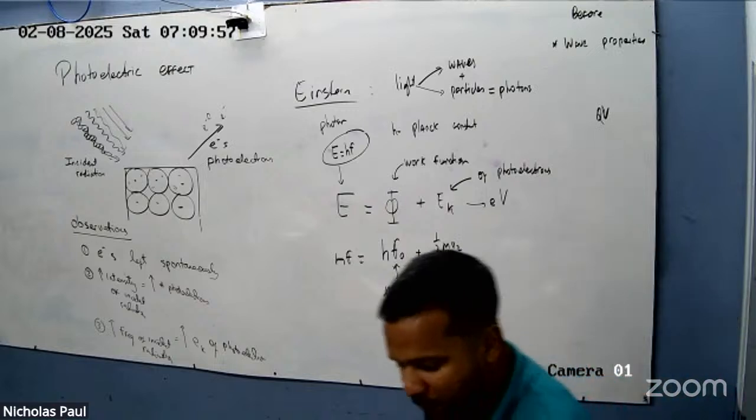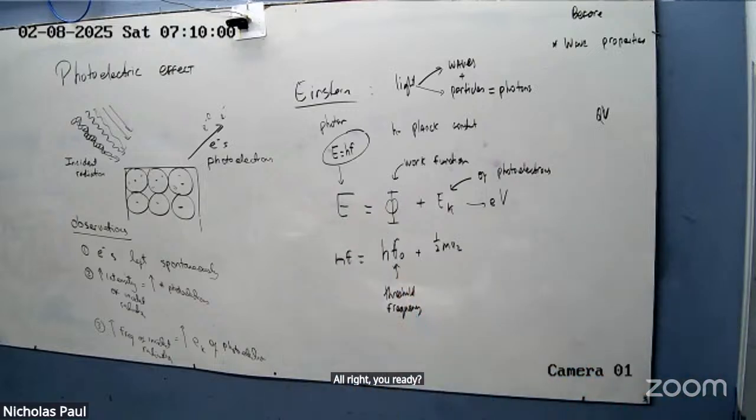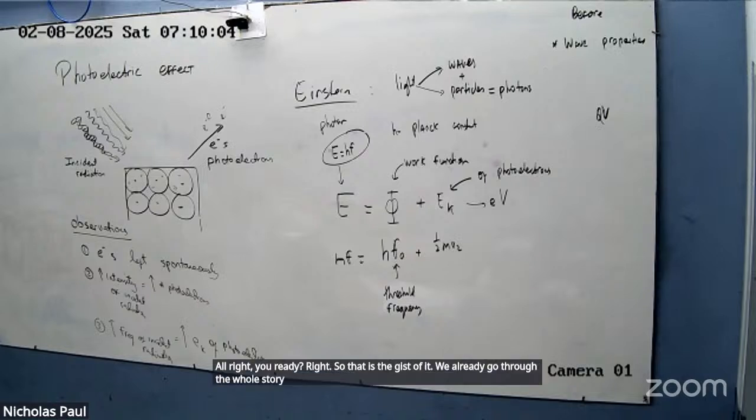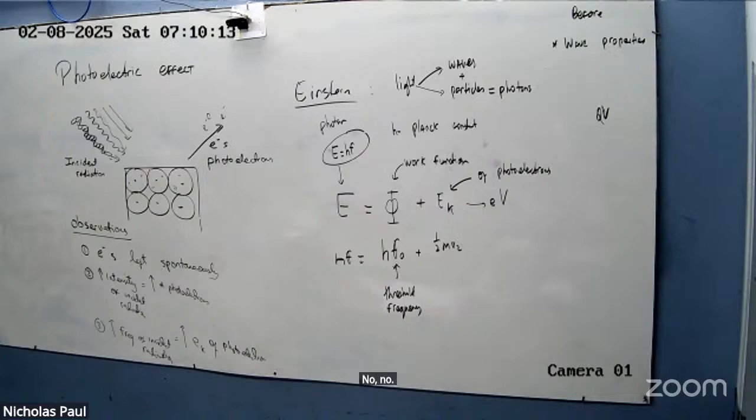Are you ready? Right, so that is the gist of it. We had to go through the whole story, everything that happened, and all the graphs and things. So basically, with different elements, you have different F values. H is a constant value. Anybody know what H is?